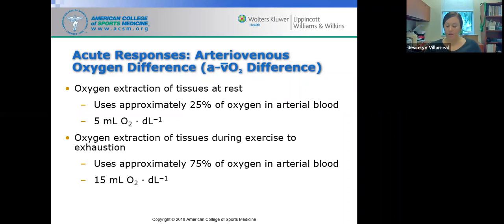Your AVO2 difference represents the amount of oxygen extracted by the tissues, and it reflects the difference between the oxygen content of the arterial blood and the O2 content of the venous blood. So arteries versus veins, you're looking at the O2 content in both of those.